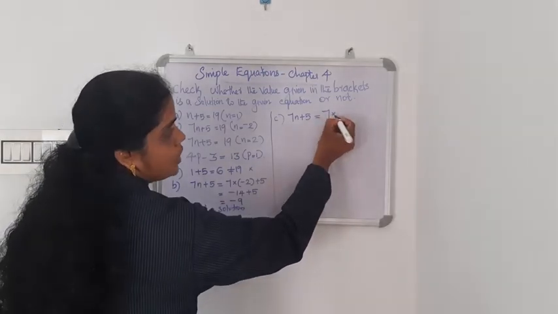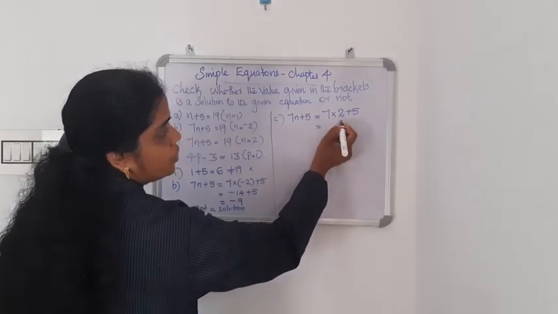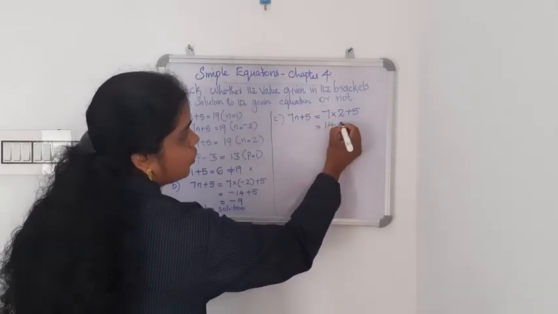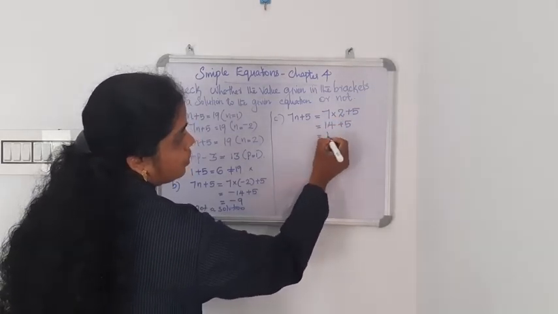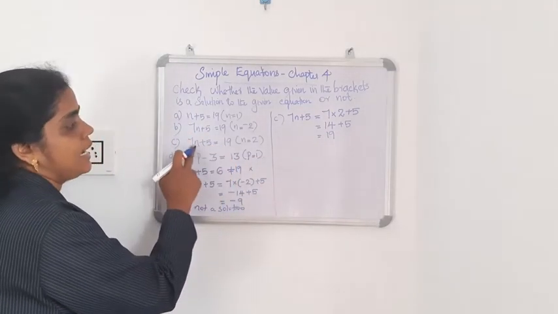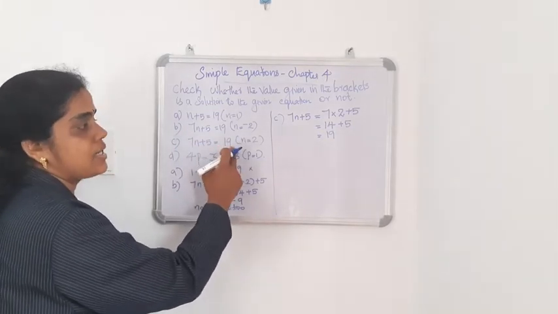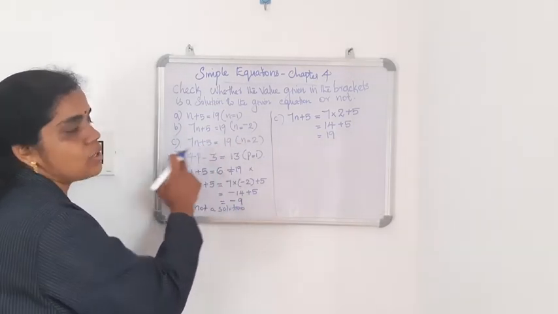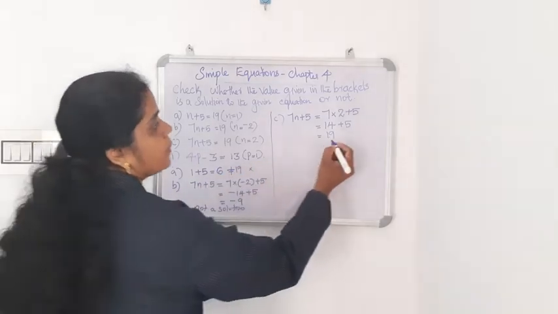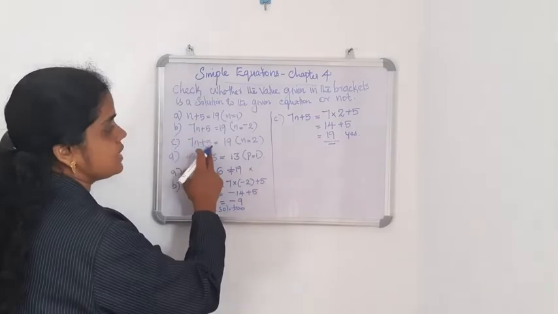So 7 into 2 plus 5. 7 into 2 is 14. 14 plus 5 equal to 19. This is 19, as given. So LHS, left hand side, equal to RHS, right hand side. So this is a solution of the equation. This is correct.